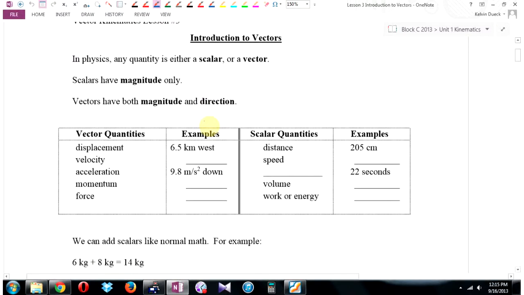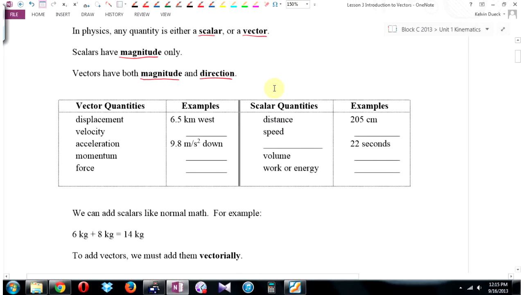In physics, any quantity is either a scalar or a vector. Scalars have magnitude only. Vectors have both magnitude and direction. Some examples.